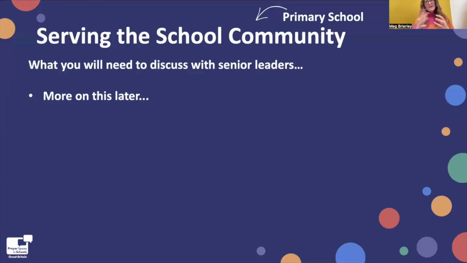It might be that there's a faith ambassador or worship ambassador, or a pupil chaplain team. Can they, after they've experienced the prayer space, take that inspiration and start to create prayer spaces of their own? Can they take this as a project themselves and start to lead it in the schools? So it's just building that capacity in, and the young people are always far better than we are to take the lead creatively on things like this.